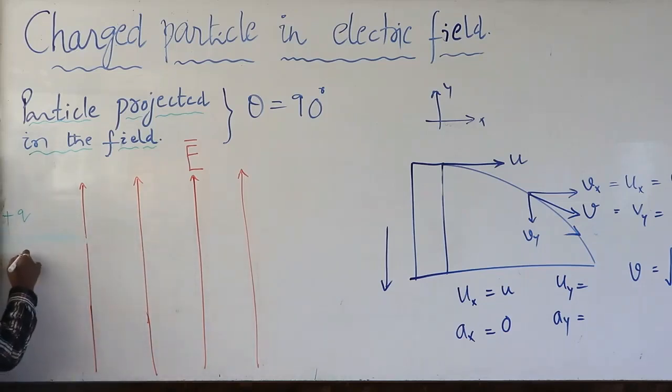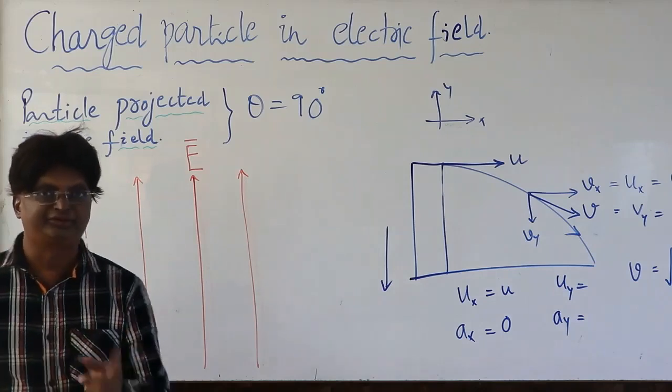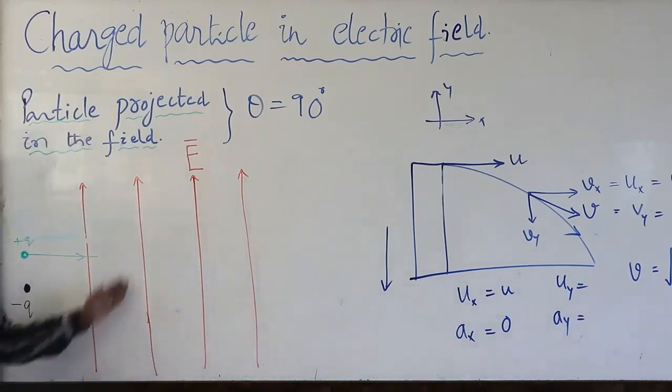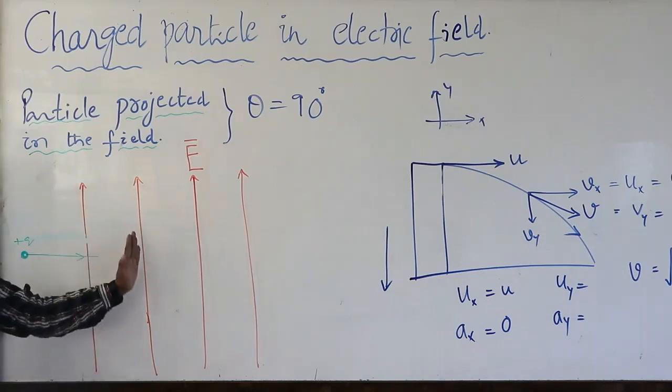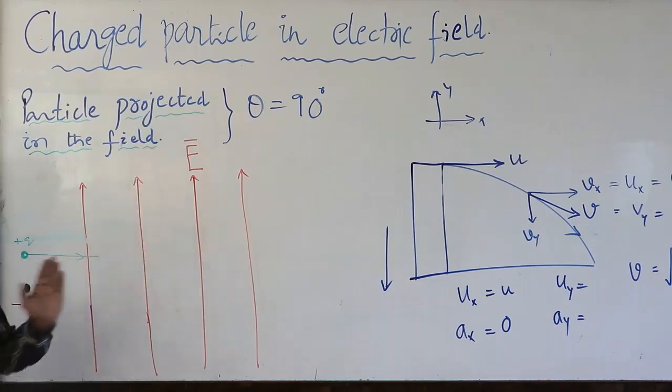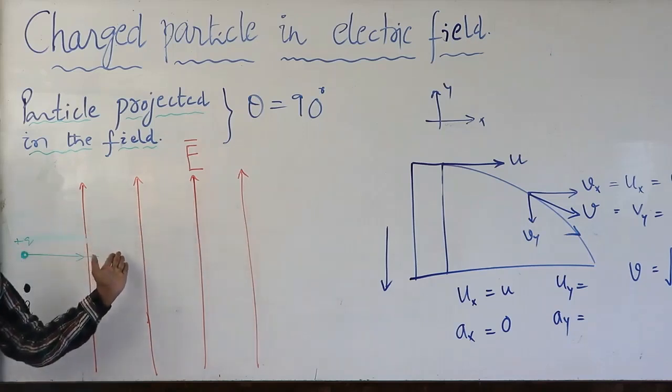Now, this is a positive charge projected. So what happens? As soon as the particle enters the field, it experiences force such that a positive charge moves along the field. Initially it has velocity in the horizontal direction, and the force or acceleration is in the vertical direction. Therefore, horizontal velocity, you just duplicate that principle here.